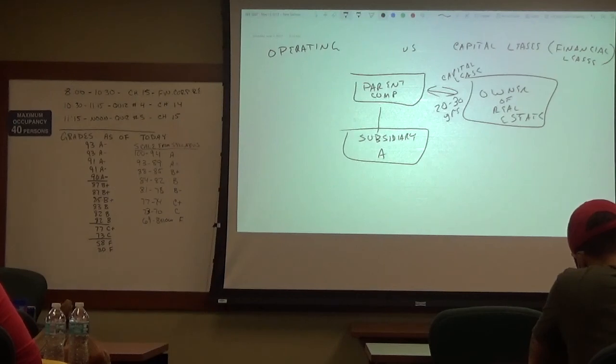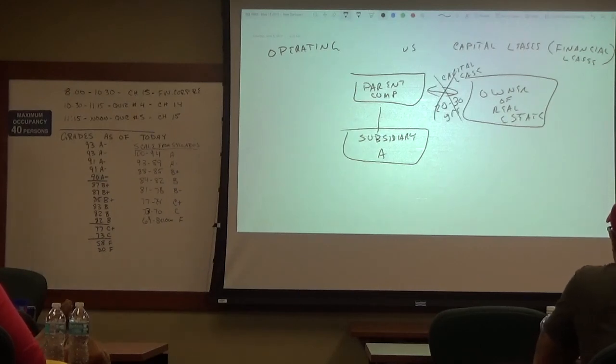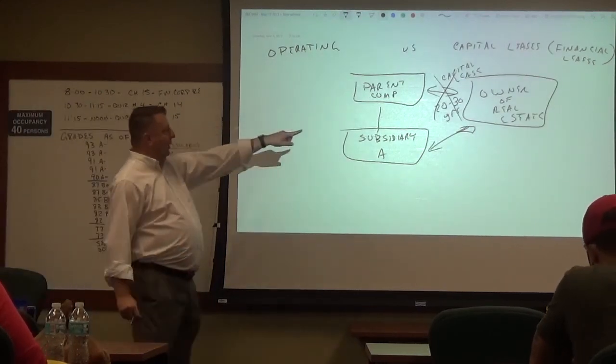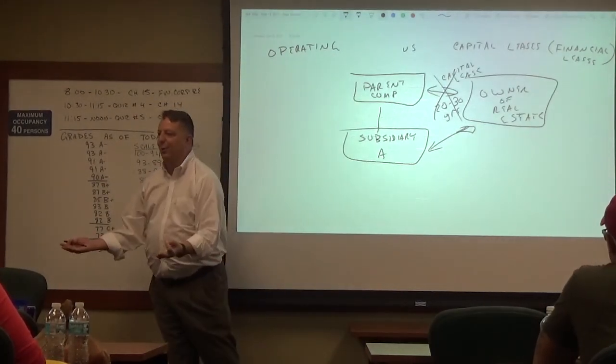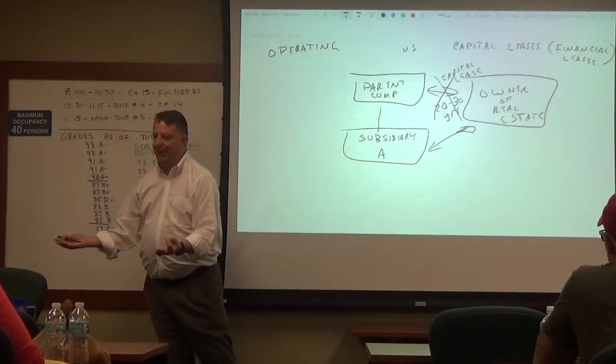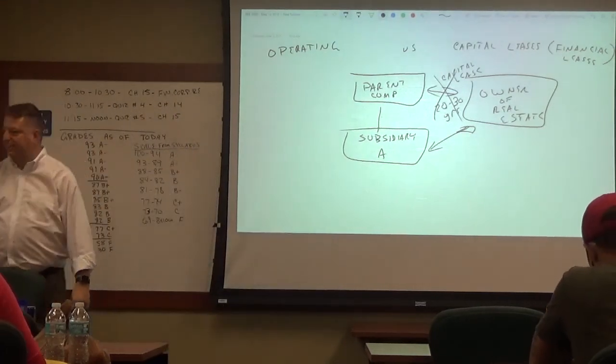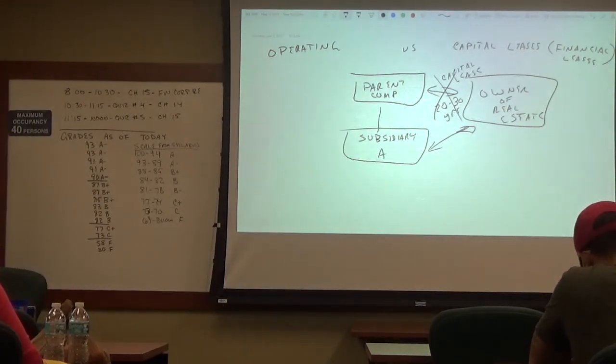So instead of the parent company engaging with the owner of the real estate, you get rid of that relationship, and you have the subsidiary engage in the long-term lease with the owner of the real estate, and then the parent company engages in a one-year renewable operating lease with the subsidiary.